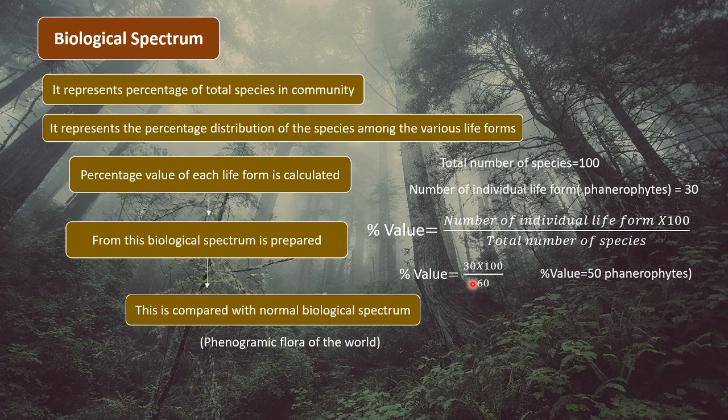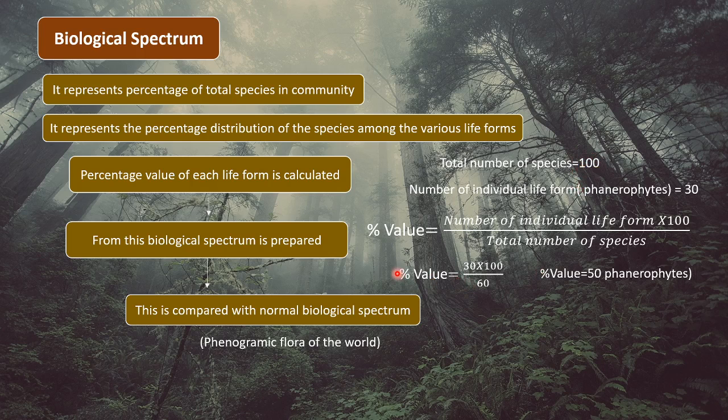Okay, this is a small mistake actually. Here I had to write that the total number of species is 60, right? So the number of individuals of the life form is 30, into 100, upon the total number of species, which is 60. So here actually it's a mistake, I had to write 60 here.